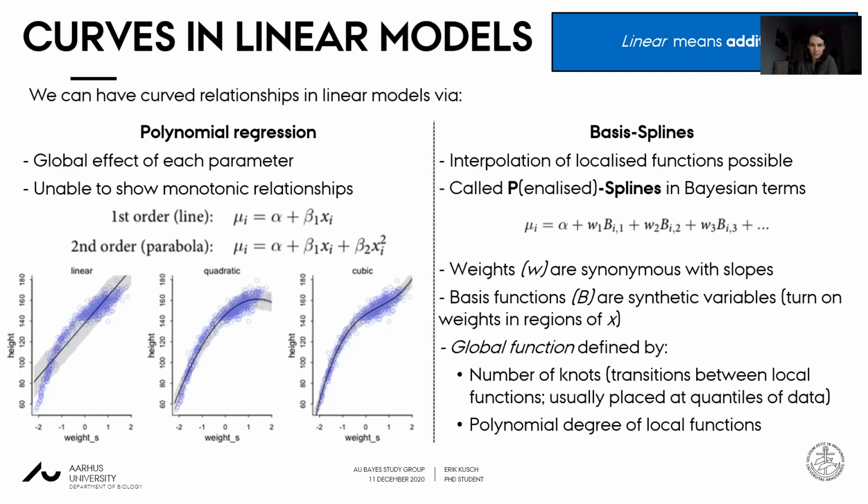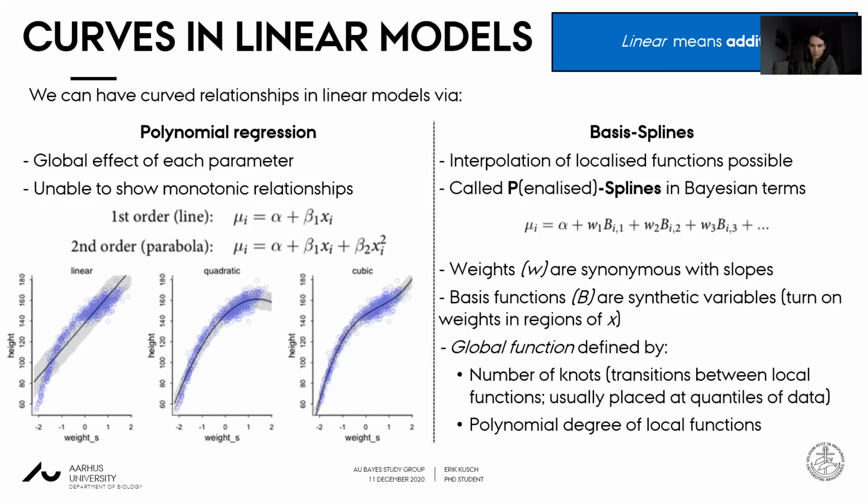So the way these work is you have weights, which are synonymous with slopes, for example, and then we have basis functions, which are synthetic variables. So these basis functions tell us about the function that we want to look at in a certain region, whereas the weight tells us when to flip it on or off, and more visualization for that on the next slide.